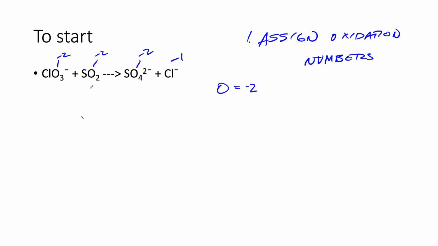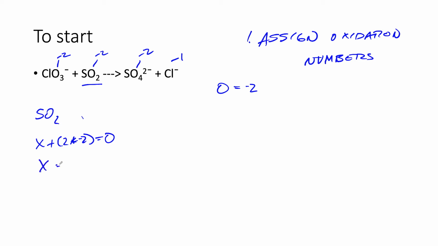All right, let's look at this one. This is a neutral molecule. So for SO2, X plus 2 times -2 equals 0. We need to figure out what X is. This is how I like to figure these things out. This is a neutral molecule, so the sum of the oxidation numbers has to equal 0.